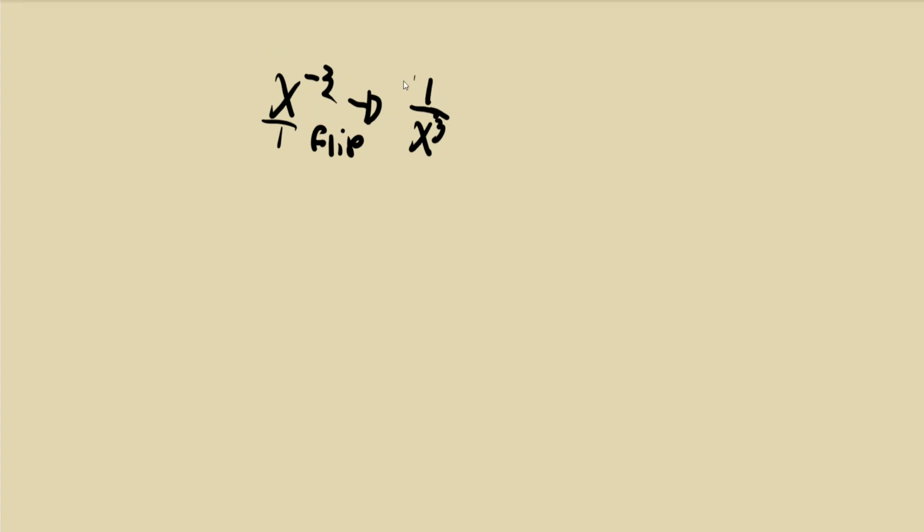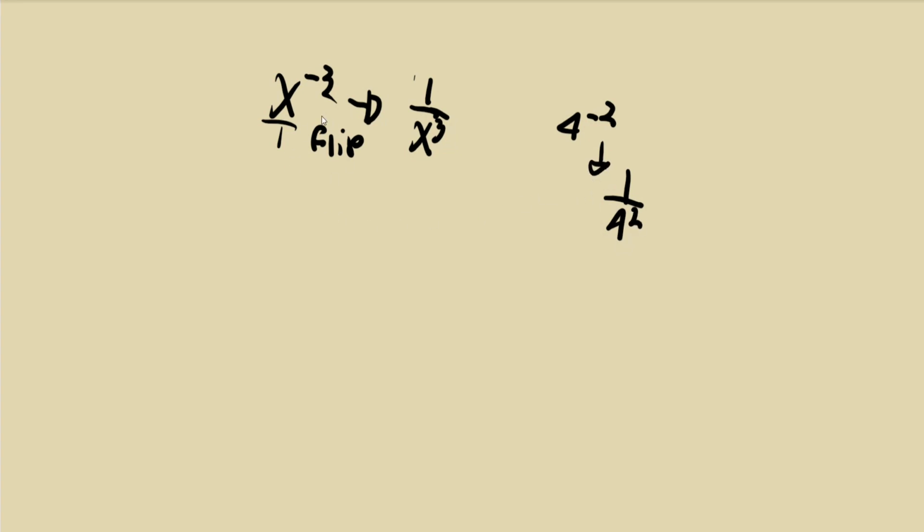Let's see another example here. Let's say 4 to the power of -2. This is not the thing, but you can still simplify it. You will get 1 over 4 to the power of 2.